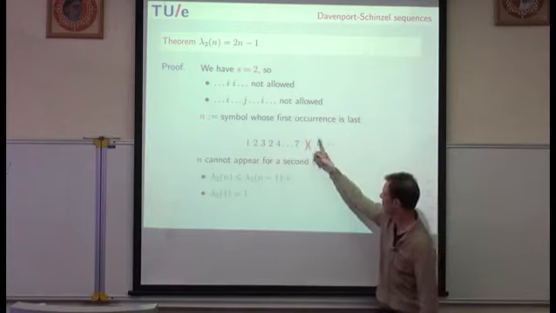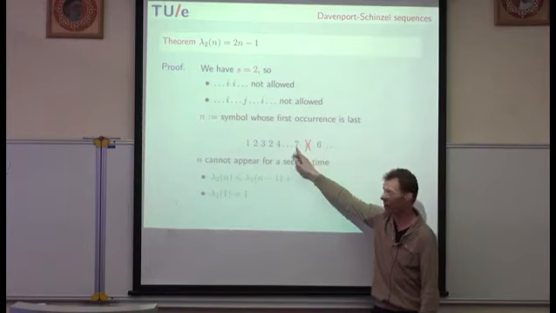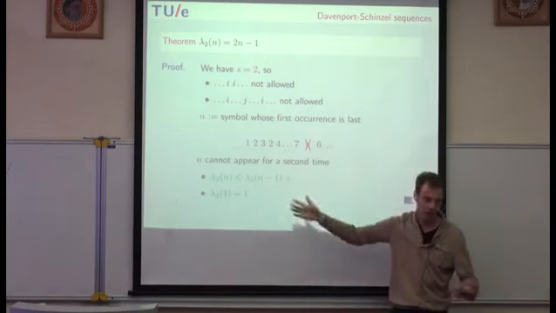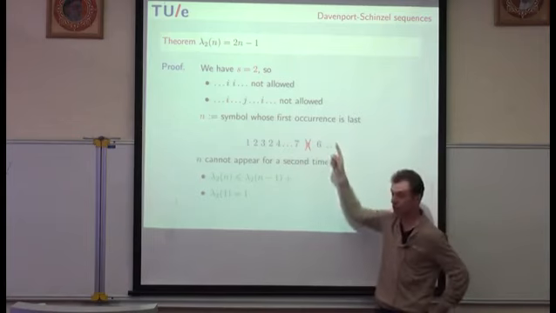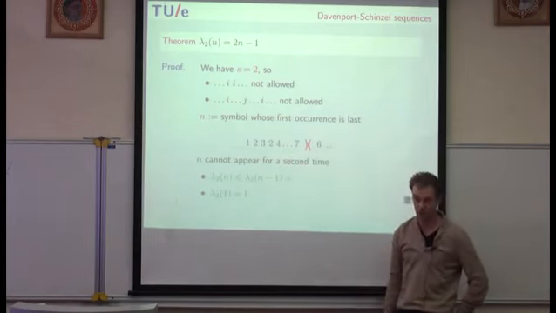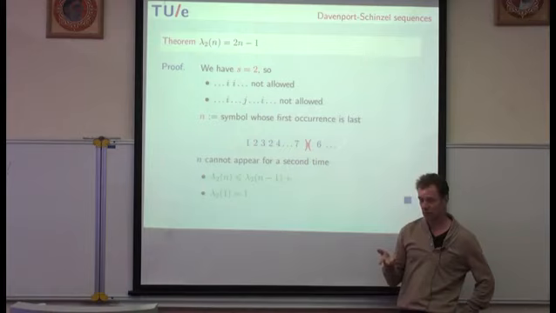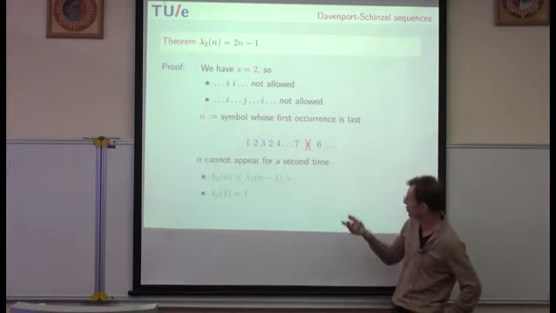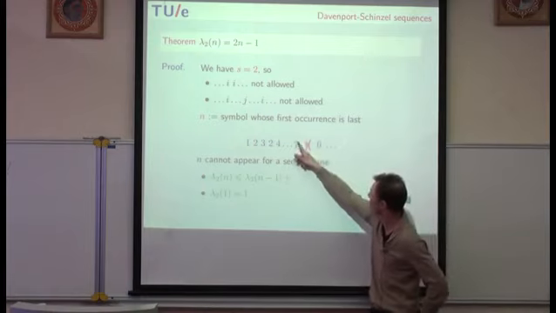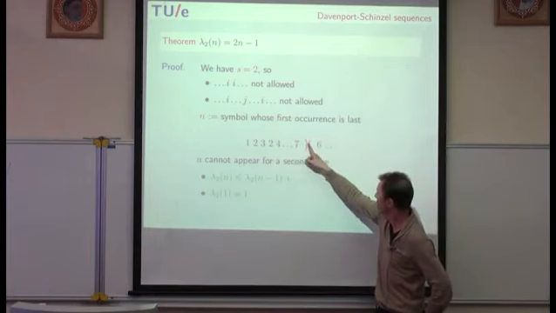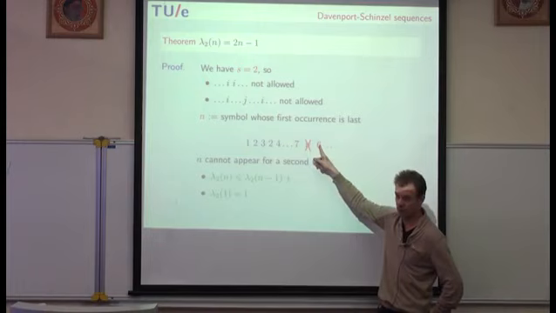If I have a 6 here and a 6 here, and I remove this one, then I'm violating the first condition, so I don't get a Davenport-Schinzel sequence. So what can I do? If these are different, I remove only this one. If they are the same, I remove this one and this one.